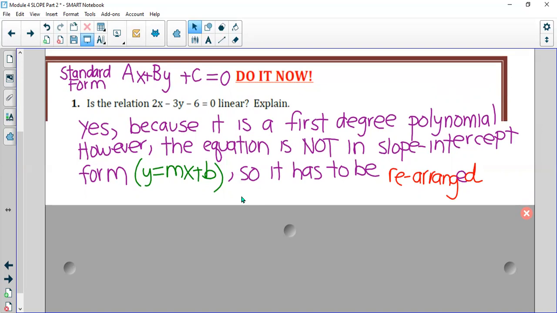And before we dive too much more into standard form, I'm going to briefly review y is equal to mx plus b, which is slope-intercept form. We were dealing more with the m part, the slope formula and how to derive the slope from looking at graphs, but we do have to review the equation form as well.